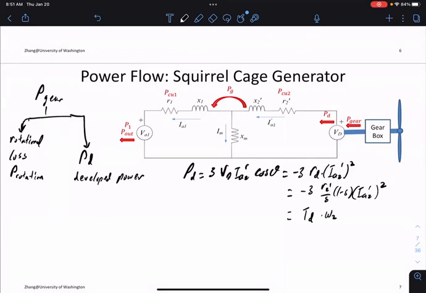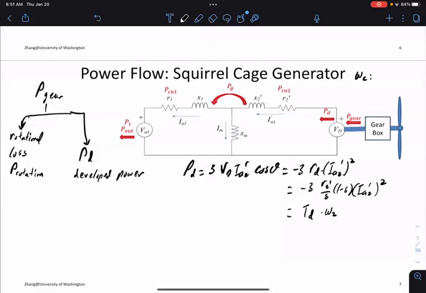Omega 2 is the rotation speed of the generator, right? The synchronous frequency is 60 hertz. Omega 2 is something slightly faster than the synchronous frequency. TD is the developed torque.